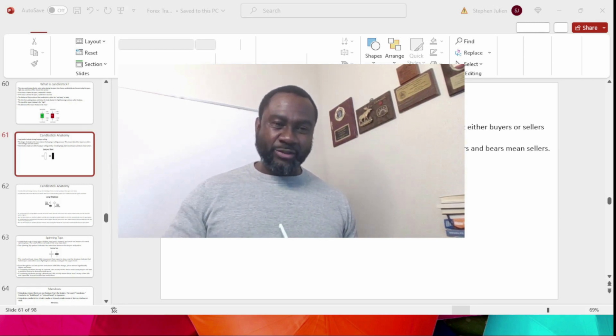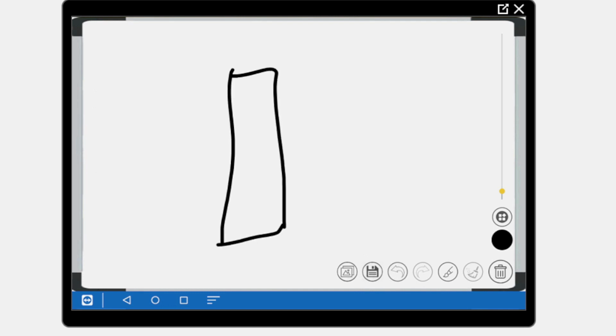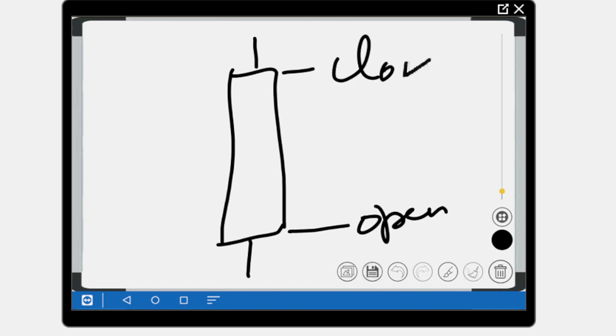Let's look at some examples. So we have this candlestick. If you look at this candlestick, we say that's the open, that's the close, that's the low, that's the high, and this is the body of the candlestick.